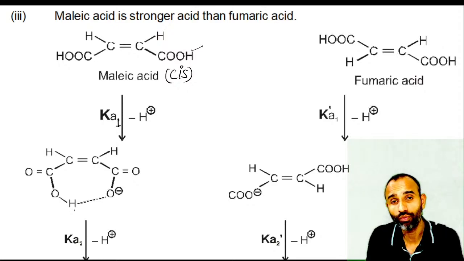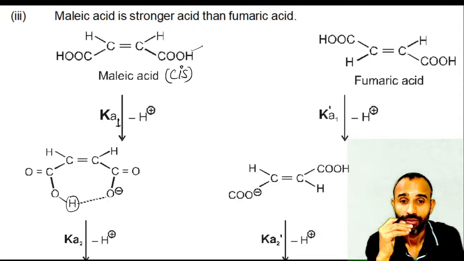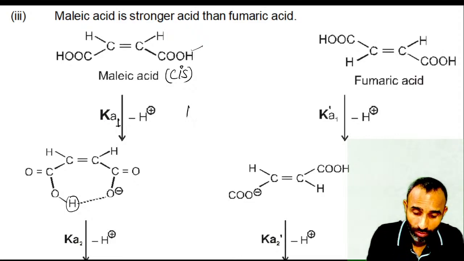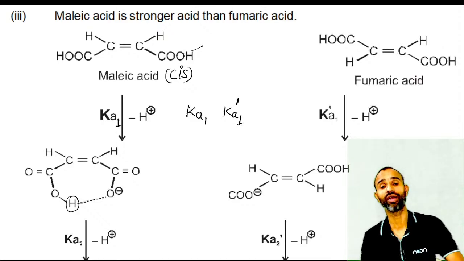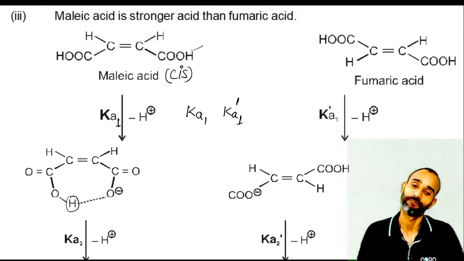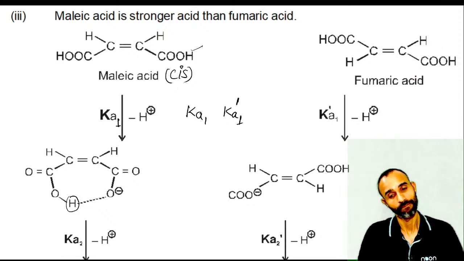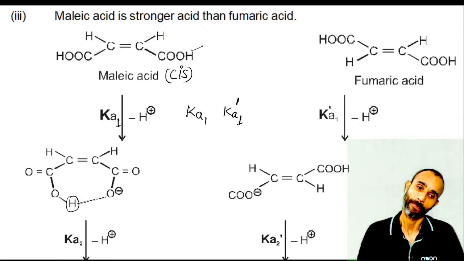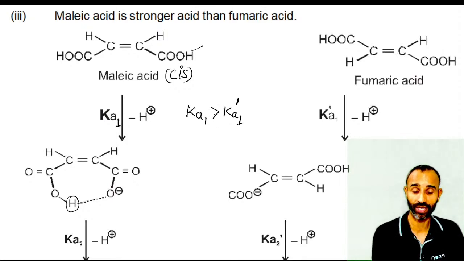Now OH of one and O negative of the other, they form hydrogen bond. So when hydrogen bonding is formed, removal of second H is difficult. So first tell me, what is the relation between Ka1 and Ka1 dash? Which one is stronger? Which one is higher value? Yes, Ka1 is greater than Ka1 dash.